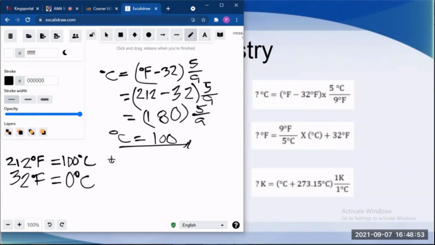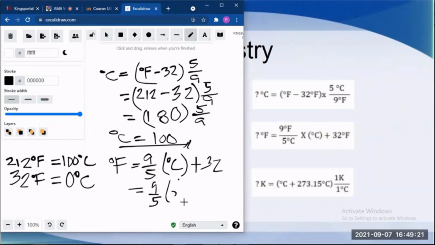Degree Fahrenheit is equal to 9 over 5 times degree Celsius, which is 0, plus 32. 9 over 5 times 0 plus 32, the first term is 0, so degree Fahrenheit is 32.